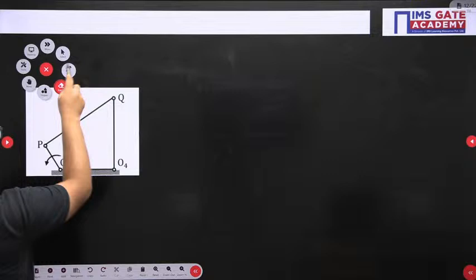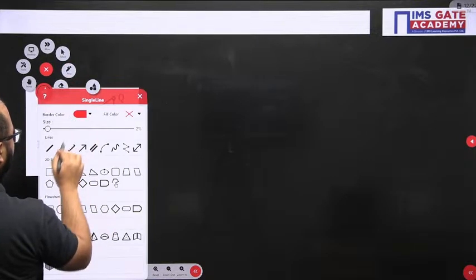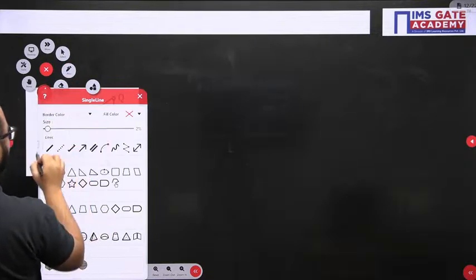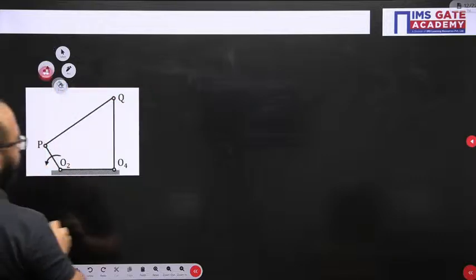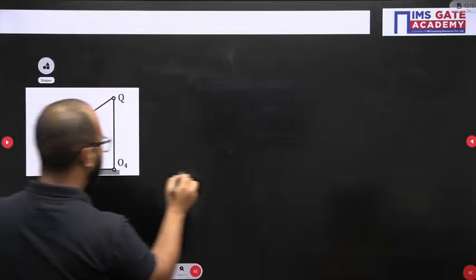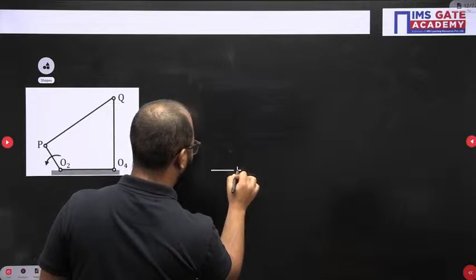So here the diagram is there. Now I will draw the diagram again. This angle they have told us we have to take as 180 degree.